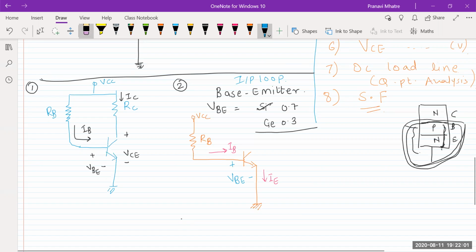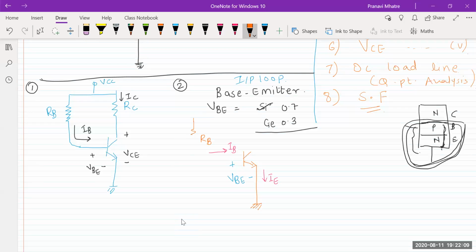Now here, I'll just elaborate this part. I can draw this as RB and VCC, with positive VCC, and the negative connected to ground.